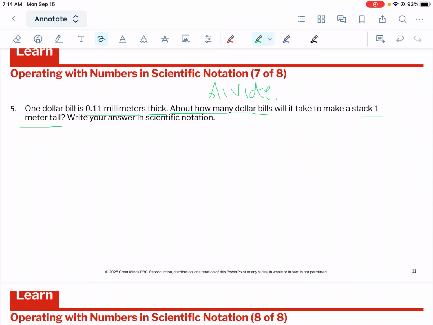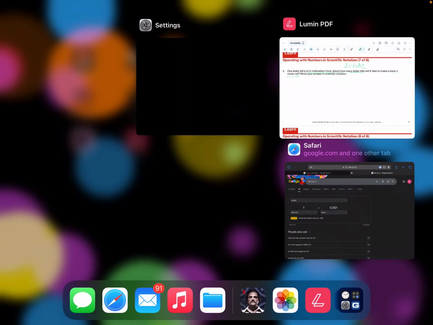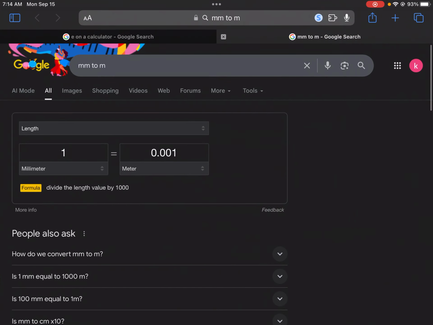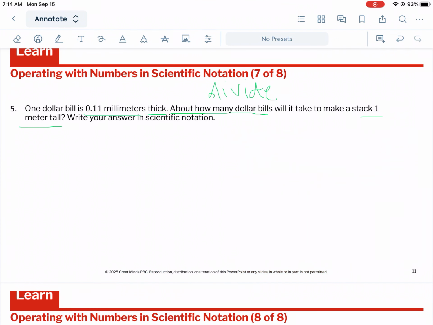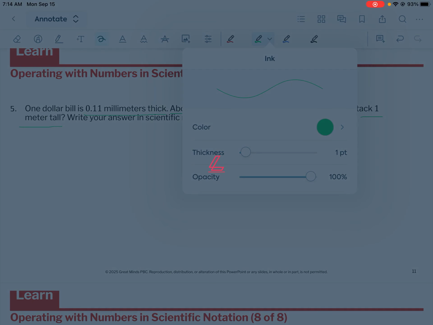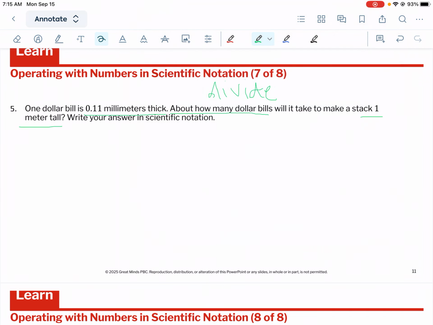Now, real quick, if we're going to go from millimeters to meters, we're going to have to convert a little bit first. I have that conversion pulled up right here. 1 millimeter is 0.001 meters.